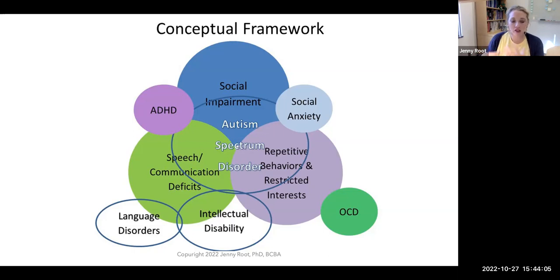So compulsions to do something or thoughts that are repetitive. Individuals with autism can also have OCD, but OCD doesn't always mean that you have autism. So there's lots of overlapping difficulties that you may see in the individuals that you work with, whether you're aware of what their disability is or not.